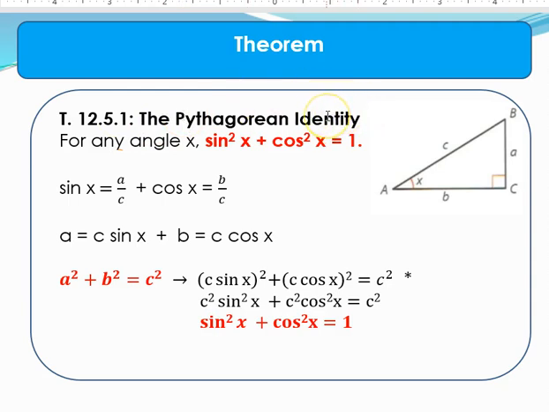So we've used a theorem before, now we have an identity for trigonometry, and it says basically that for any angle x, sine squared x plus cosine squared x equals 1.